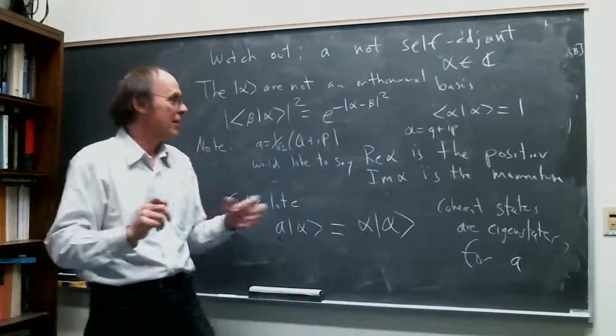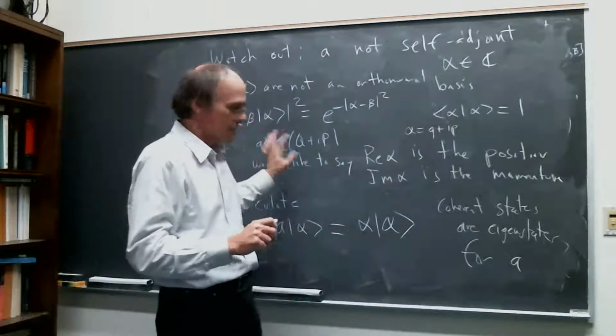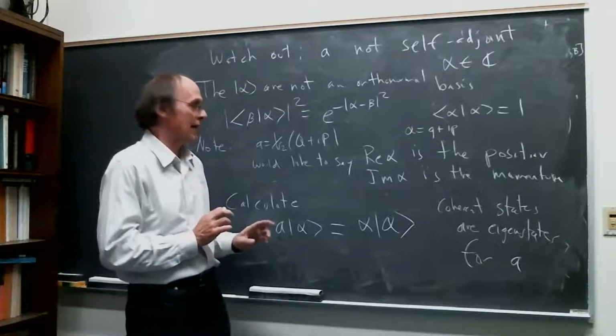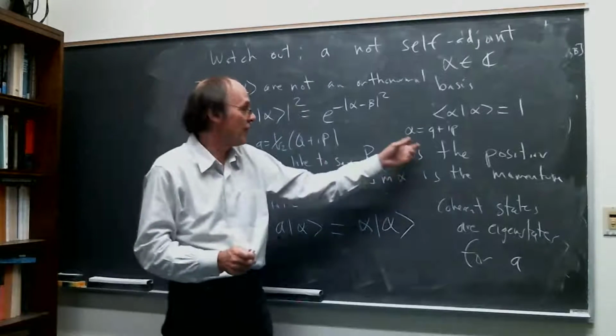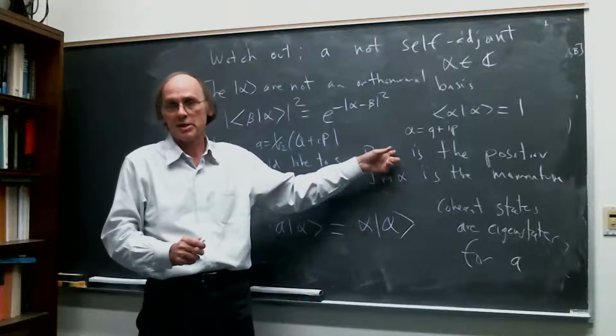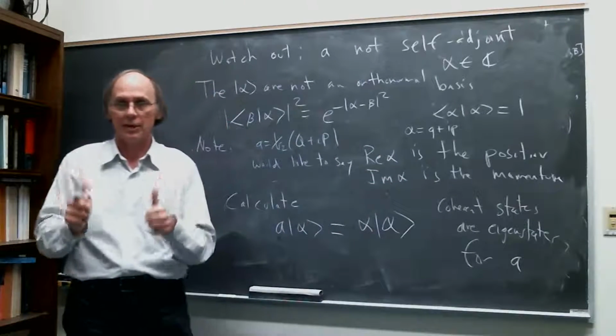When people first looked at this, they said, aha, great, we recovered quantum mechanics. We found the states that have a well-defined value of alpha, so they have a well-defined value of position and a well-defined value of momentum. Great.